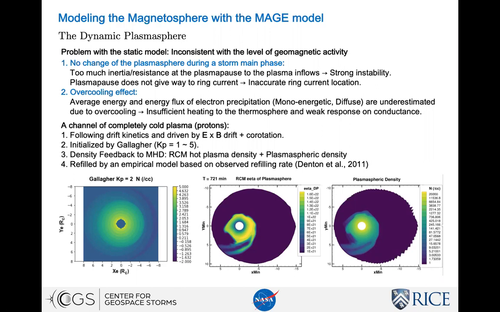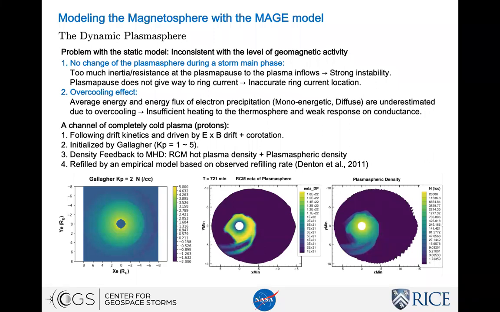It also has an overcooling effect because we have too much cold mass in the magnetosphere. The overcooling effect will cause an underestimation of the average energy and the power of the electron precipitation, which leads to a weak response from the ionospheric conductance due to insufficient heating and ionization.